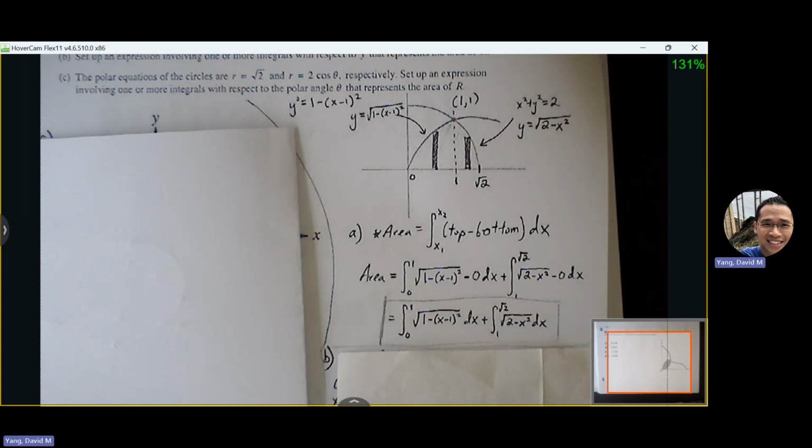If we want to do top minus bottom with the x-axis, we have to split up into two separate regions. So we can do top minus bottom for this region, top minus bottom for this region, set up the bounds, and just set up your integral.